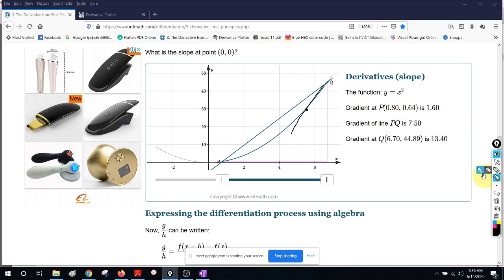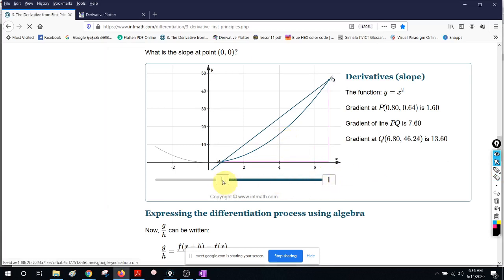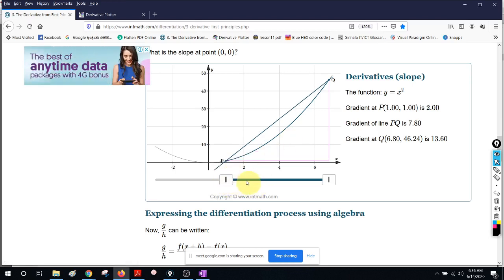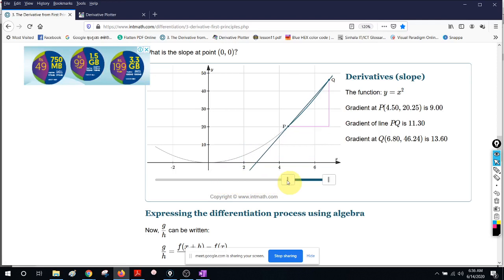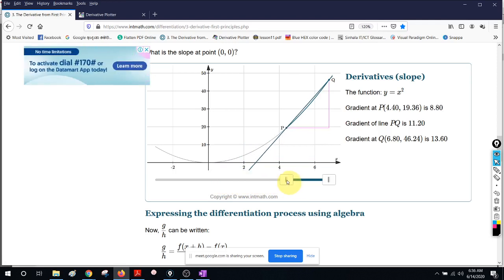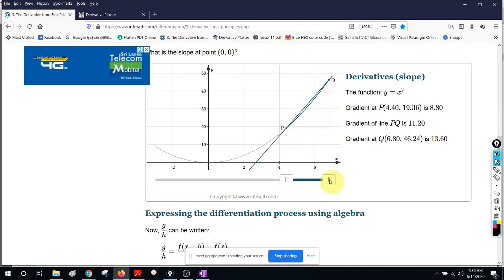So what I'm going to do is use the tool rather than drawing this myself. Let's move into the tool. Assume that I want to find the rate of change here. What I need is something like this. So I want the rate of change at this point.